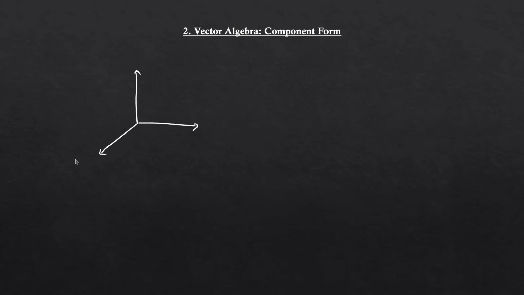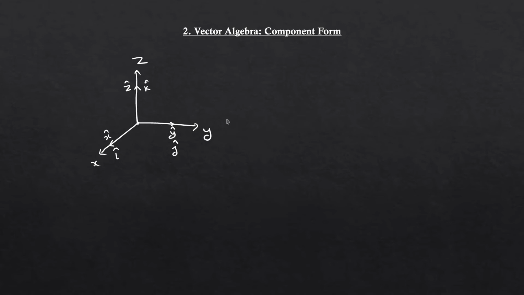Okay, we have X, we have Y, we have Z. Anything moving in this direction, we'll say that it's moving in Y cap, or in some places you'll also see J cap. Anything moving in this direction is represented by X cap, or in some cases I cap. Anything moving in this direction is represented by Z cap, or in some cases K cap.